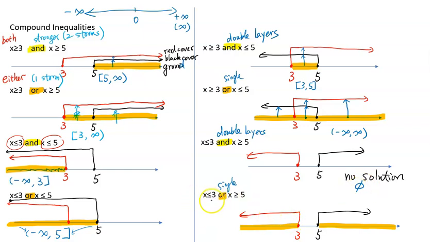And finally, "or", the 1 layer case. So either here is 1 layer or there is 1 layer. As you can see, if it's here, it's negative infinity to 3, or under the black cover, it's 5 to infinity. So remember the difference between "and" and "or". "And" needs double layers, but "or" you just need one single layer of covering.